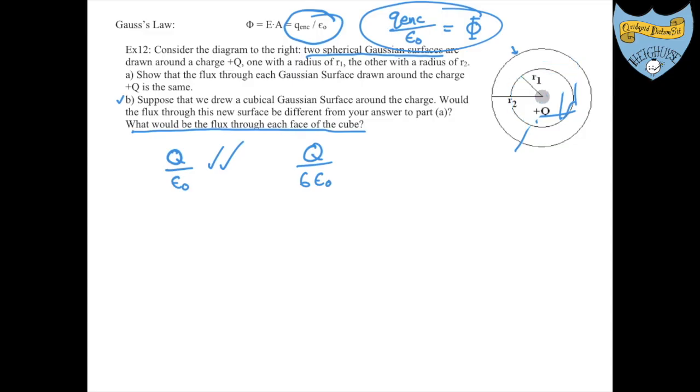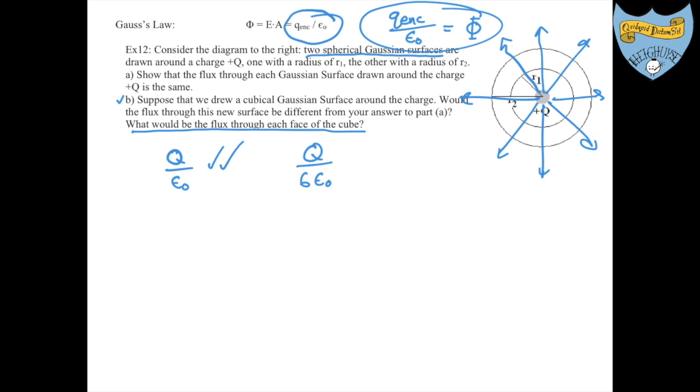Now I want to make sure everybody understands a little bit why the answer is what it is, because sure, you can just remember Q enclosed over epsilon naught, but remember the rule was that the flux is proportional to the number of field lines that go through a surface. So if I draw a few of the field lines coming off of this, I can't draw them all because there's technically as many as you feel like drawing.